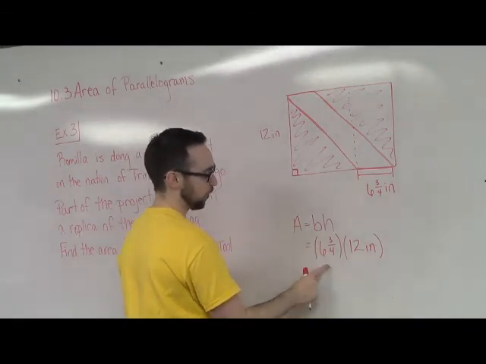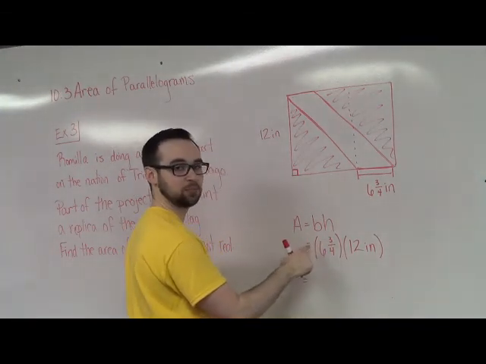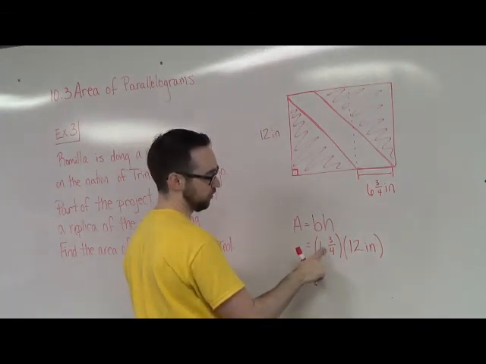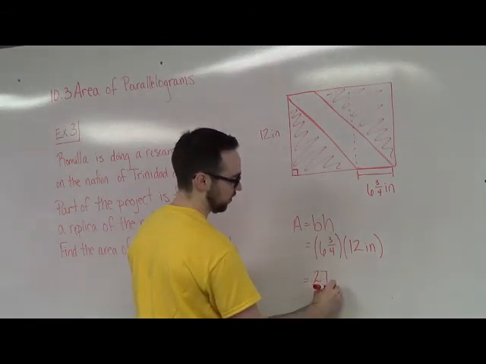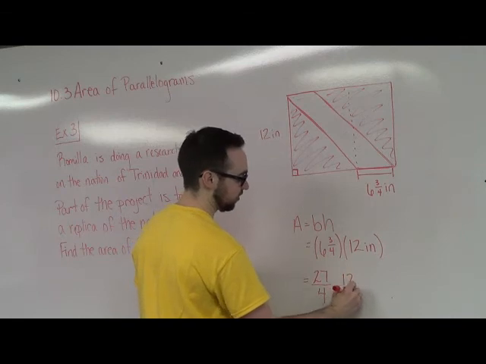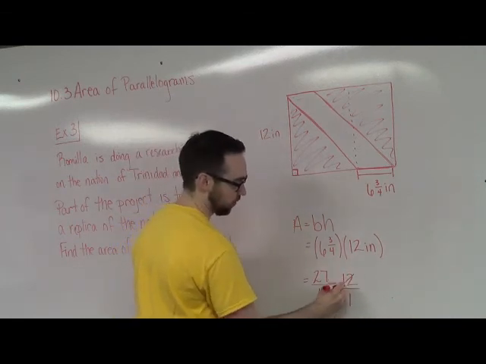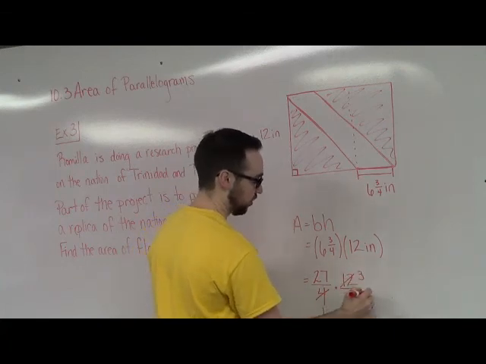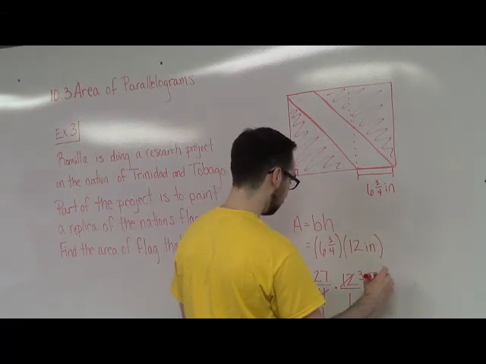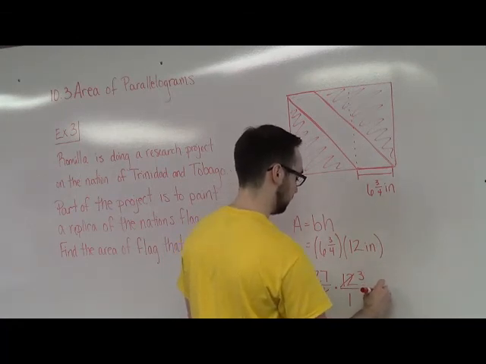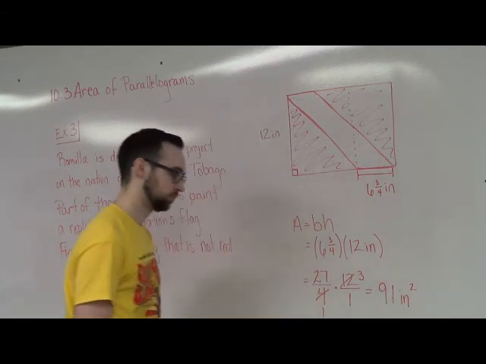Now recall, when we do multiplication by fractions, we have to make this an improper fraction. So 6 times 4 is 24, plus 3 is 27 over 4, times 12 inches over 1. Cross reduce, 4 goes in once, 12 goes in 3 times. 3 times 27 is going to give us 81 square inches.